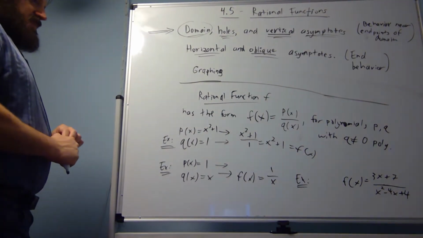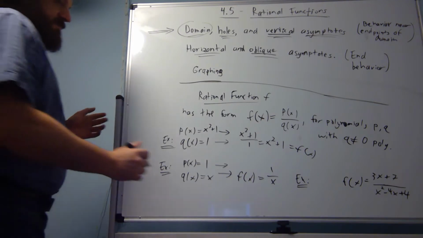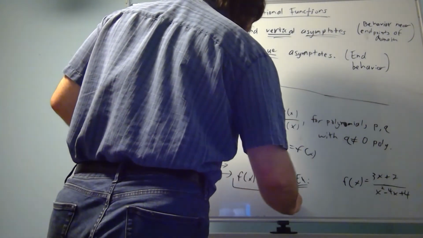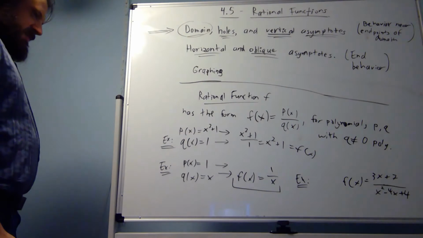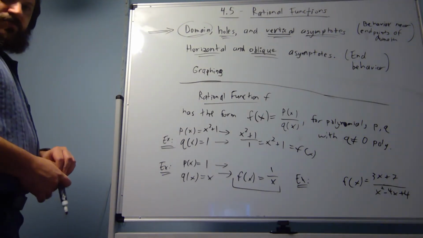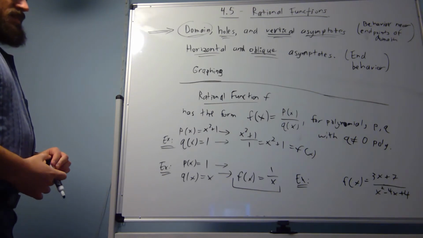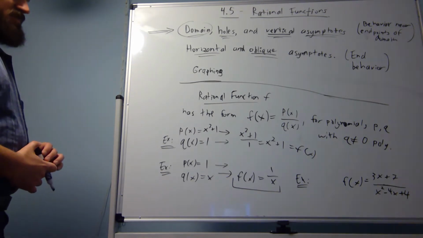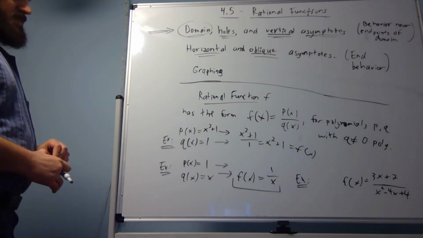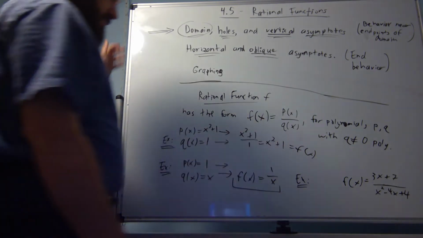And we'll just say a little bit about that, but hopefully you've investigated the function 1 over x at some point, because it's really going to give you a very good intuition about understanding vertical asymptotes and holes in general. So that'll be pretty important.